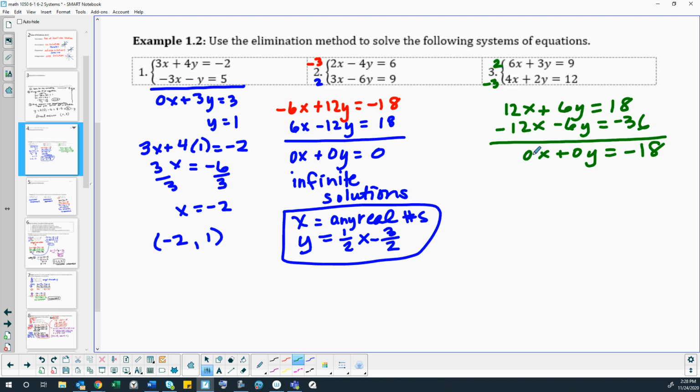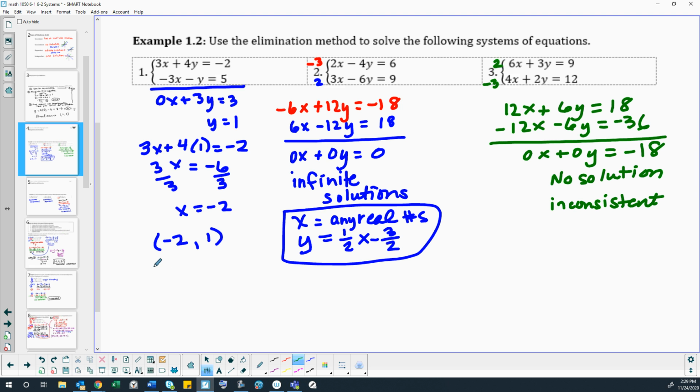But this time, if we plug in any x or y value, we would get 0 times x plus 0 times y, which would equal 0, and this is saying it equals negative 18, which it can't, because 0 doesn't equal negative 18. So this is where we have no solution. The lines are parallel. They have the same slope, but they're different lines. So no solution, so that's our inconsistent option.